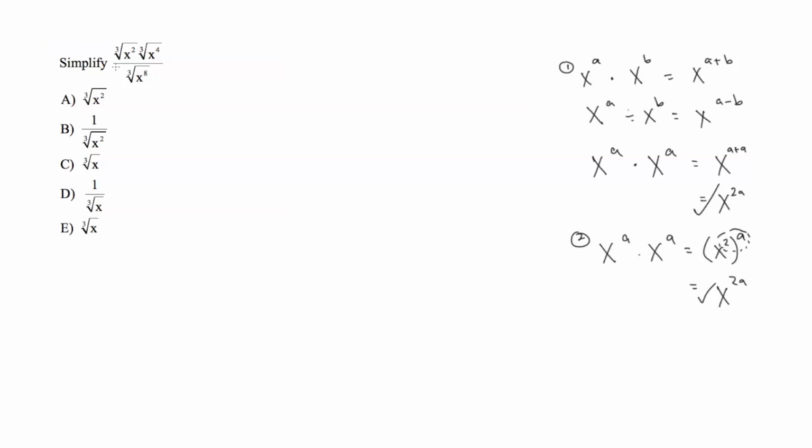So let's take a look at our equation, or the question that we have to simplify. In this case, we have a whole bunch of third roots, and typically I don't like really dealing with third roots, so I'm going to change that right away to a 1/3.